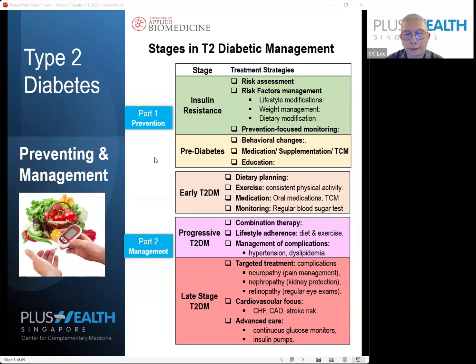So today we cover the continuation, when the patient reaches a stage whereby we clinically diagnose them as diabetic.